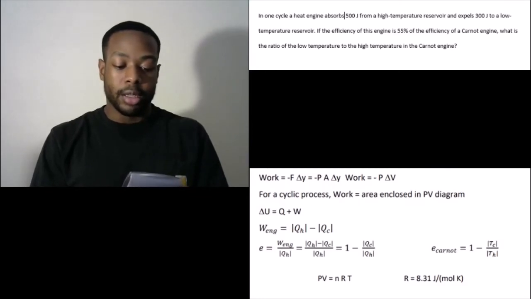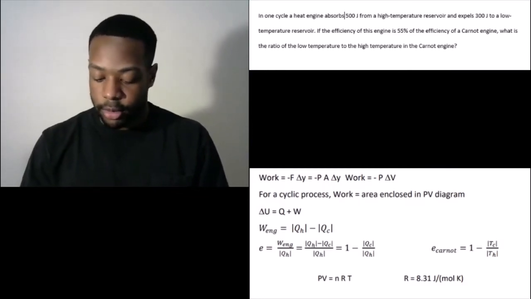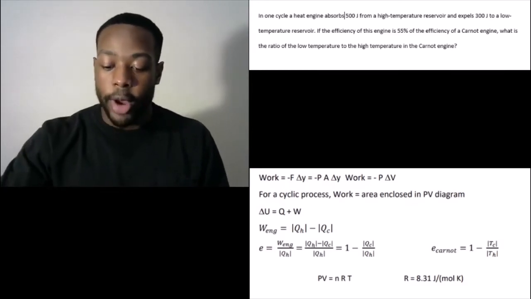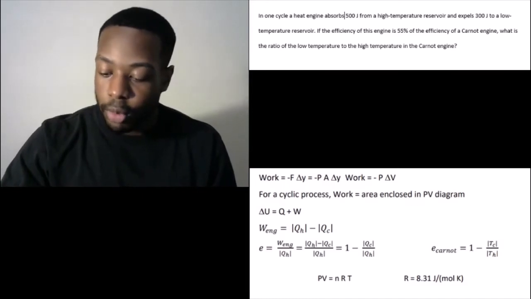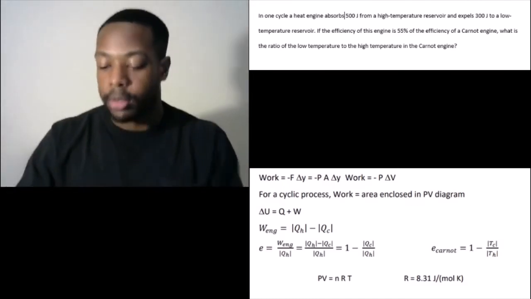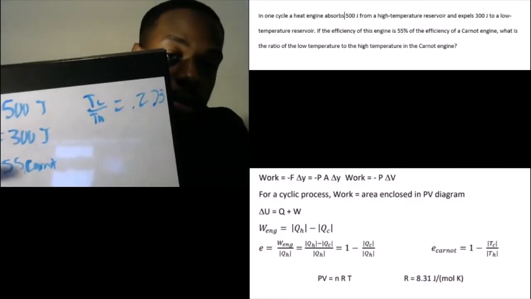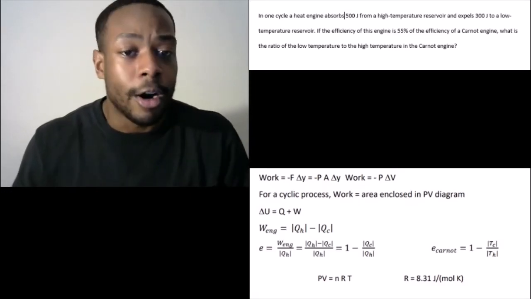The answer would be 0.273. So our ratio, I'm going to write up top, 0.273. Erase this. So not too tough there, and that is all we're looking at there.